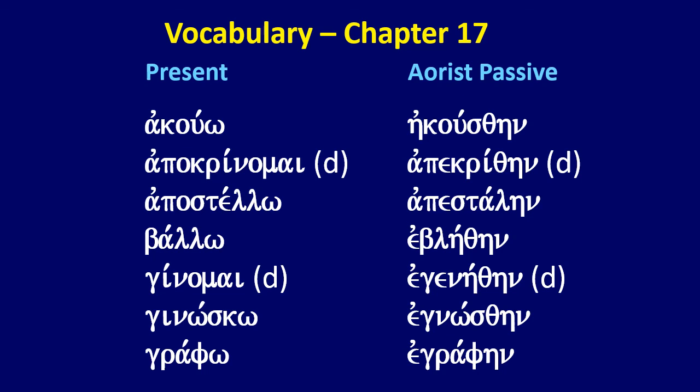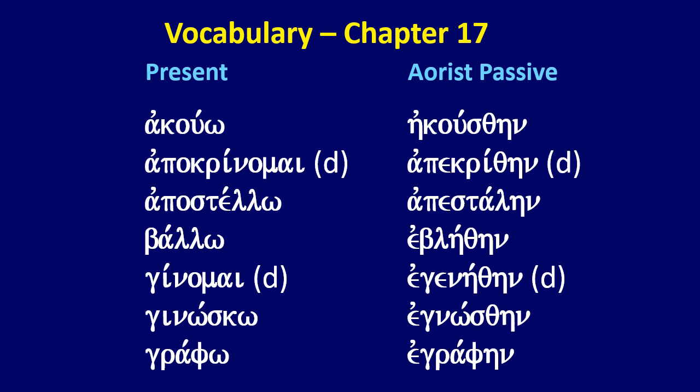Next on the list is apostello, I send out, and its aorist passive form would be apostalthein, I was sent out. Now again, notice this word. There's no theta in the middle of the word as a passive voice letter sign to tip you off that this is passive voice.